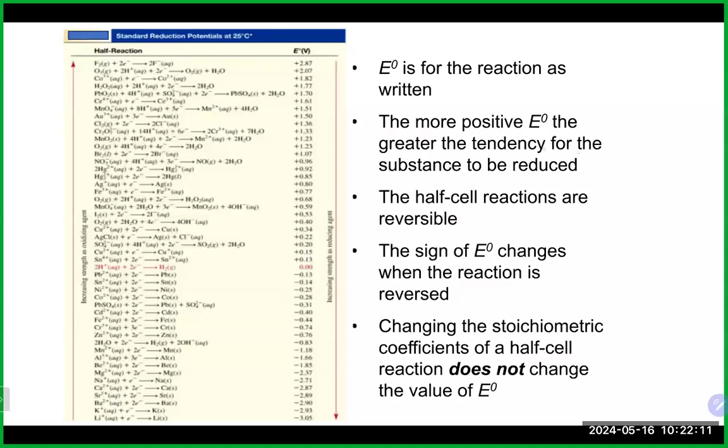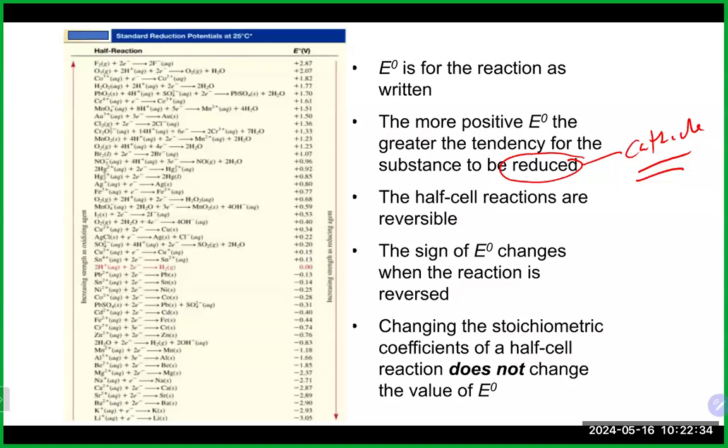And when we talk about anode and cathode, it is the cathode that gets reduced. So if you're simply given that information, you built this galvanic cell out of these two things, which one's your anode and cathode, the one that has the more positive SRP value should be your cathode, and the other one should be your anode.